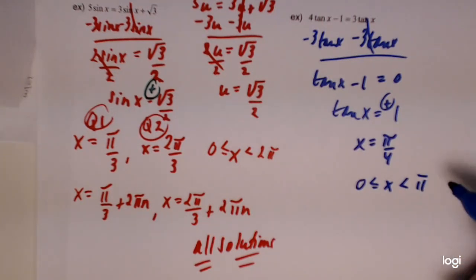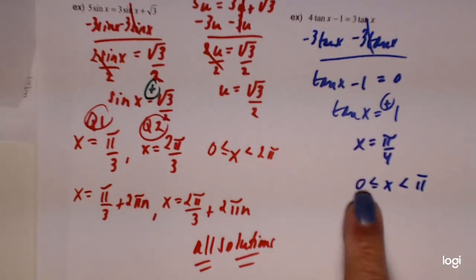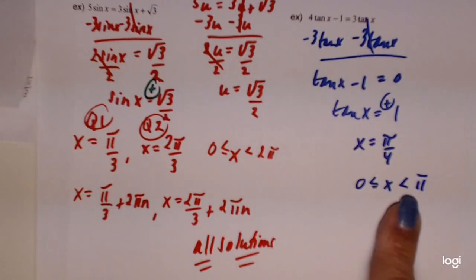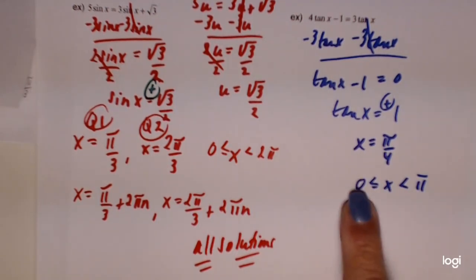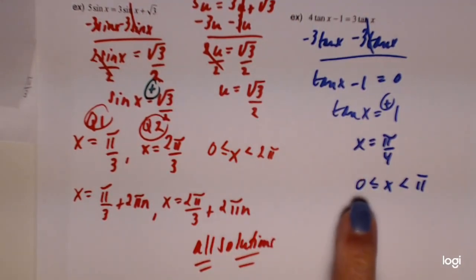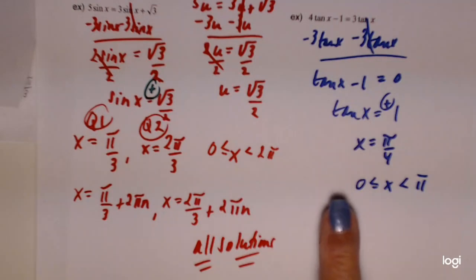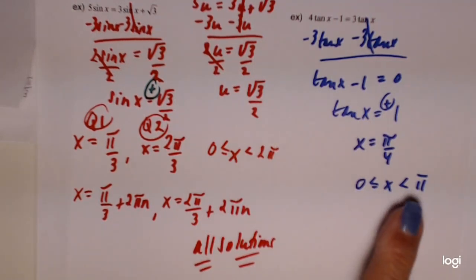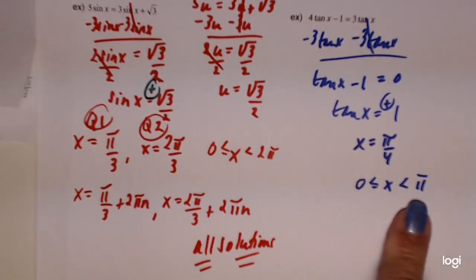We don't need a full 2 pi for tan. We only need between 0 and pi. And between 0 and pi, looking here at this tangent, we haven't changed the period of it, so it's our normal pi. I'm doing it from 0 to pi, not negative pi over 2 to pi over 2. It's the same pi. I'm just doing it from 0 to pi.